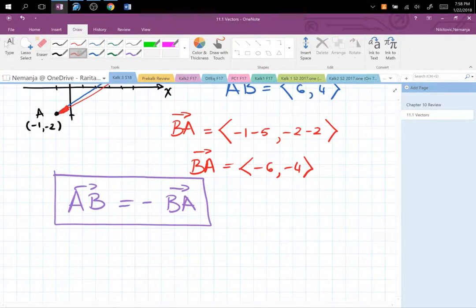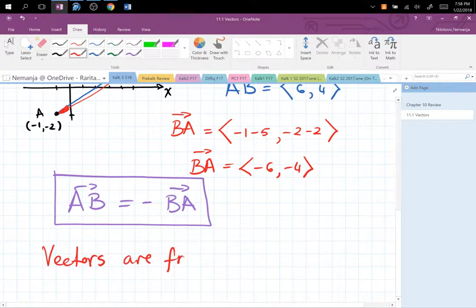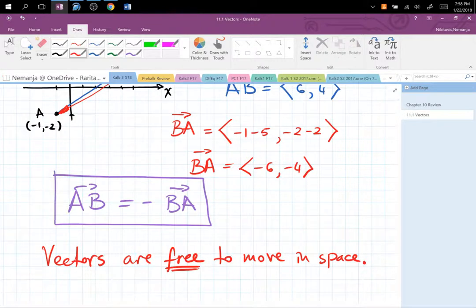Now, major statement here is that vectors are free to move in space. You remember when I used to stand over there? Well, I'm not over there anymore. I'm here, right? I'm a vector.